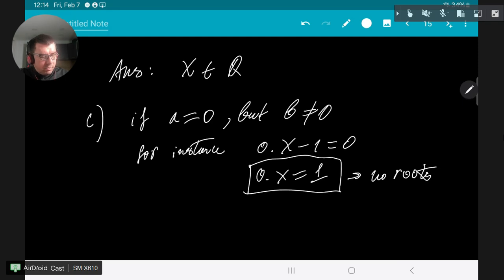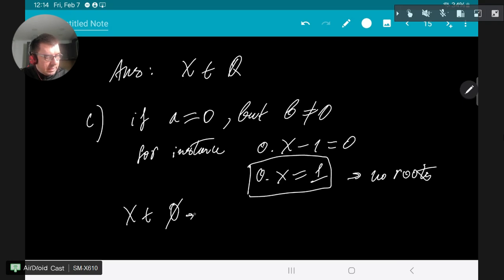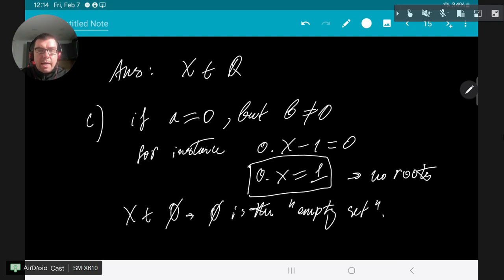And technically I write it as x belongs to the empty set. Okay, this is the empty set. The empty set means the set which has no numbers. So there are no numbers that can be solutions to this equation.